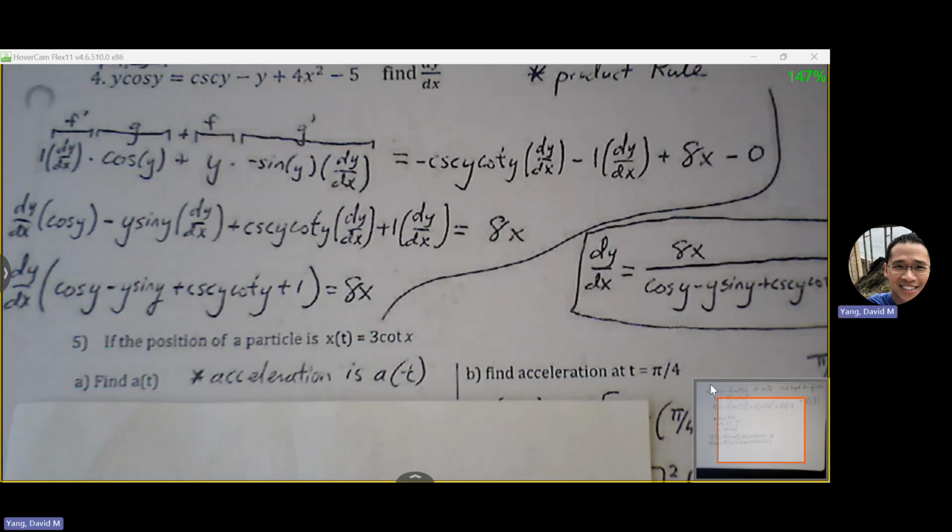Okay, number 5, position function is provided. Find acceleration. So we have to make our way down 2 derivatives, from position to velocity, and then from velocity to acceleration.